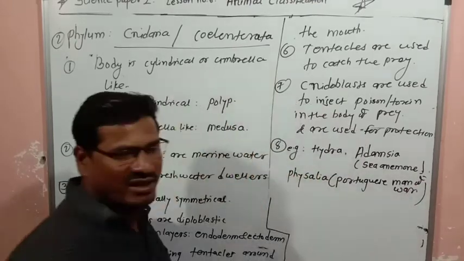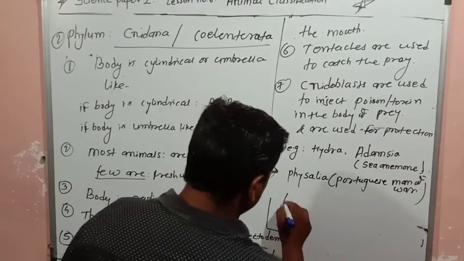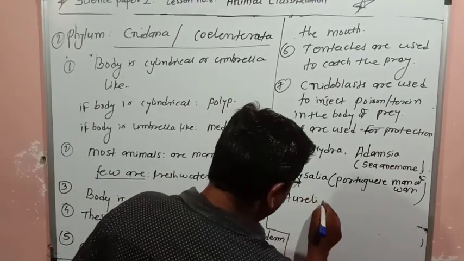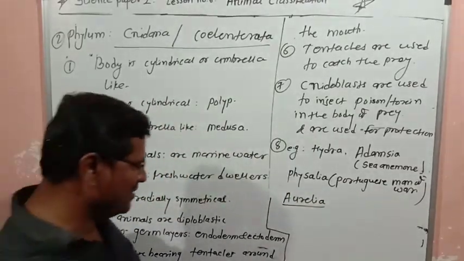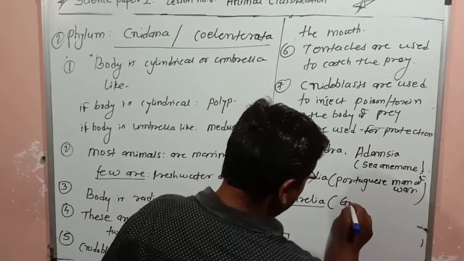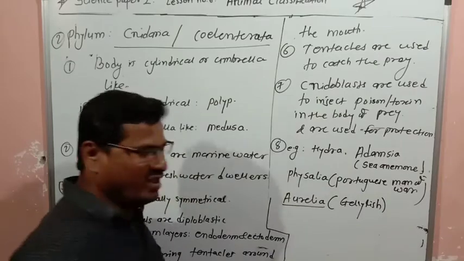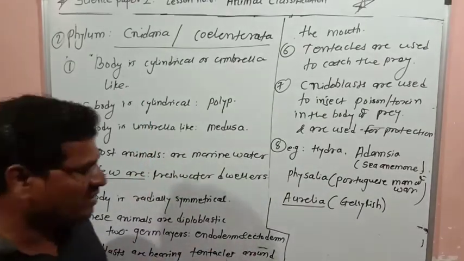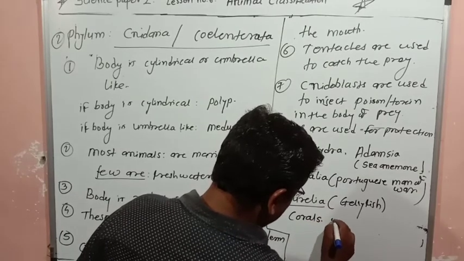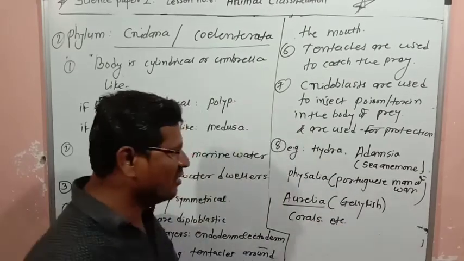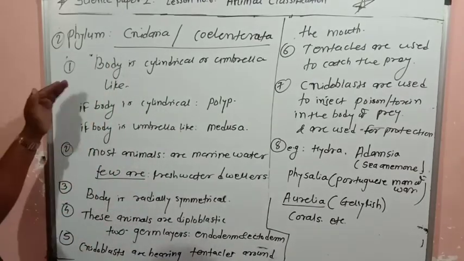The next one is Aurelia, which you can also say is jellyfish. And the last example is corals, etc. These are the examples of Cnidaria.